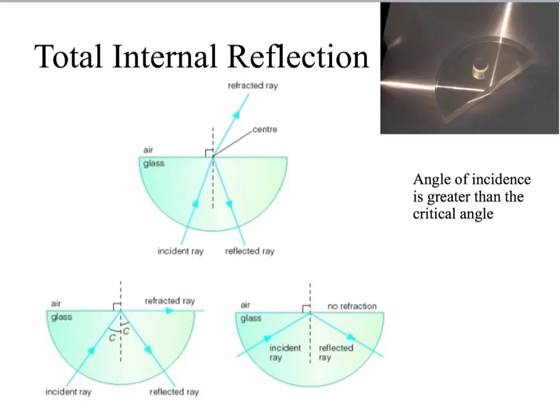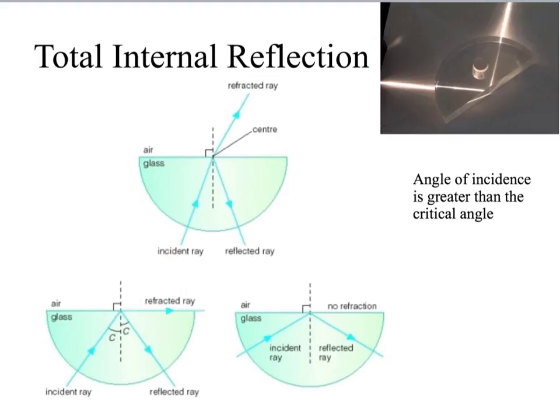Okay, let's move on to this diagram down here. We've got exactly the same setup, but this time this angle here between the ray of light and this imaginary line at right angles to the glass block has been increased. So comparing it to this photograph, the angle between the light here and this imaginary line here has got slightly bigger. If this angle has been increased to a certain point, none of the light will actually be refracted out of the side of the block.